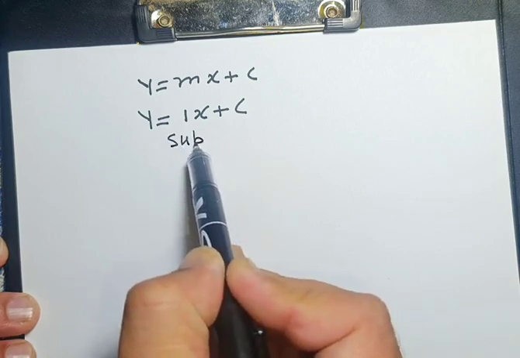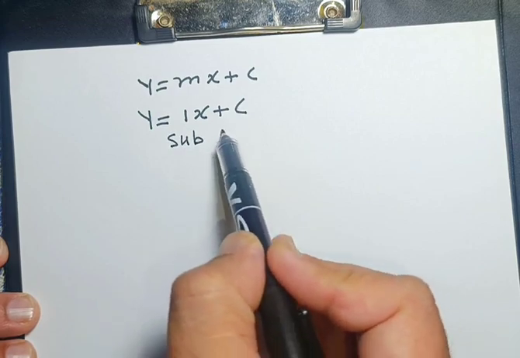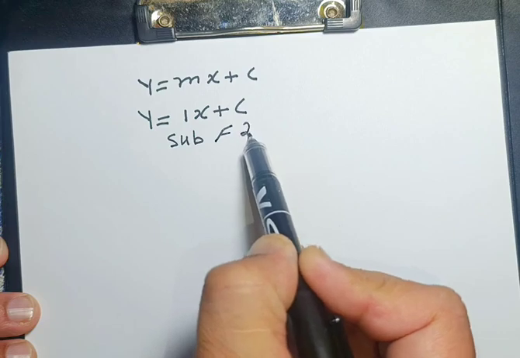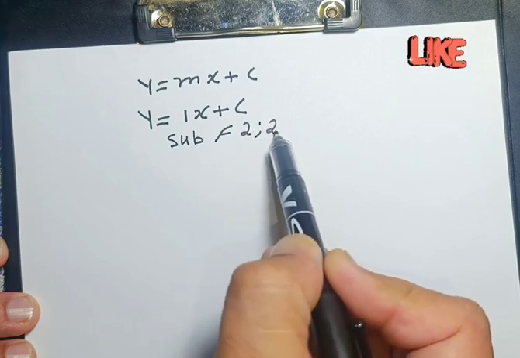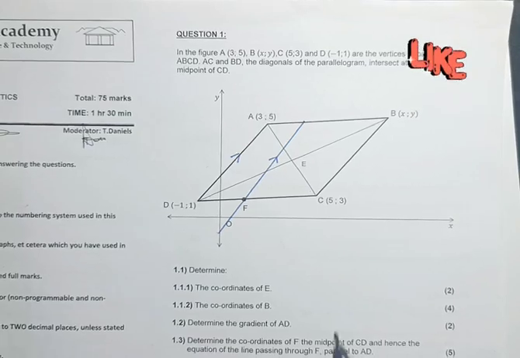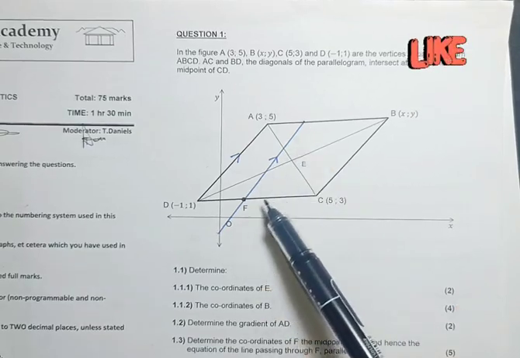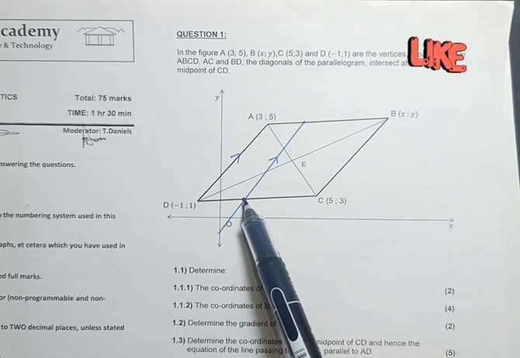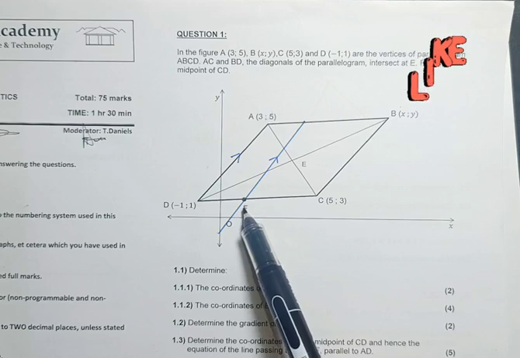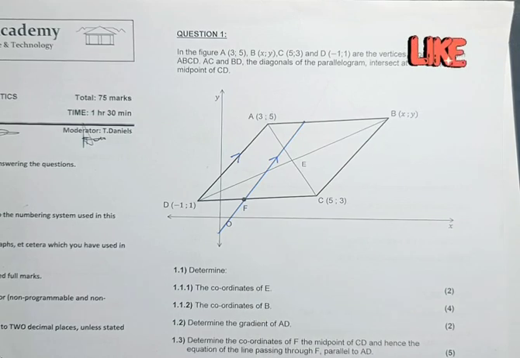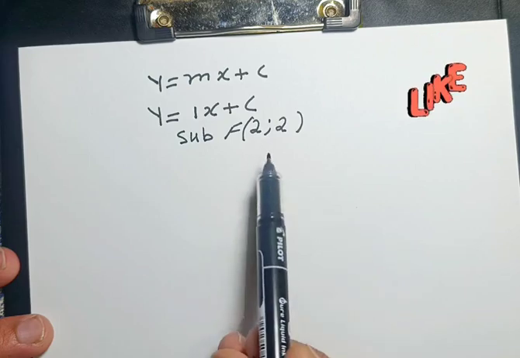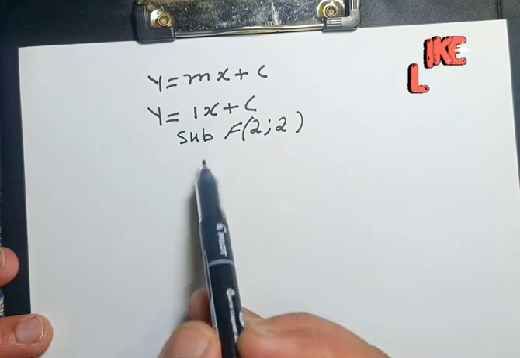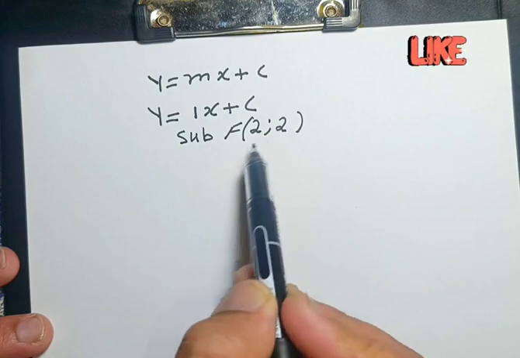Now we're going to substitute F, the midpoint, whose coordinates we found. To find the equation of this line, we need a point to substitute to find the y-intercept, so we use point F. Substitute into that equation: this is x, this is y.